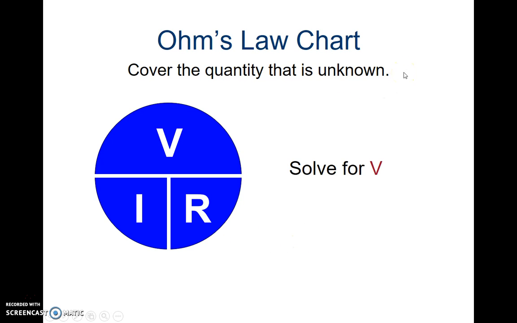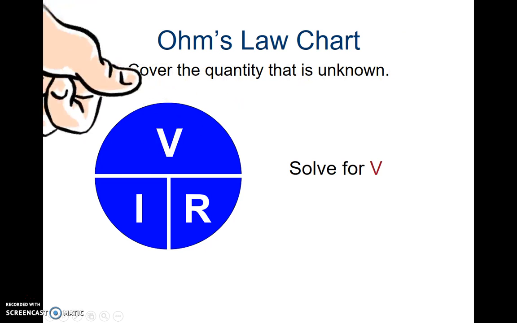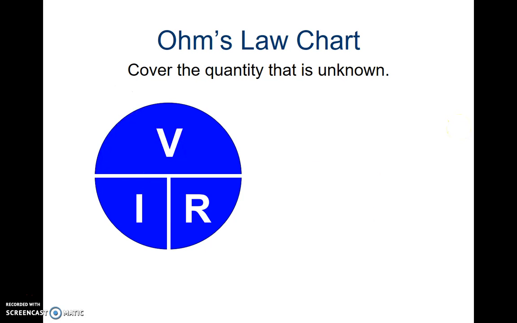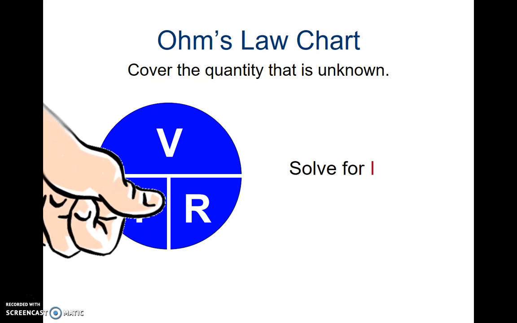So let's say that we wanted to solve for voltage. We know current and we know resistance, but we don't know voltage. Take your thumb and put it over V, and it shows you the formula. I next to R is I times R, so V is I times R. If you want to know I, current, cover up current, and you get V over R. V divided by R gives you the solution for current.